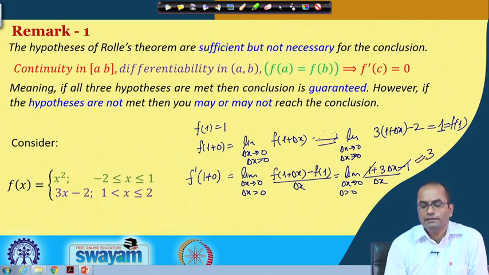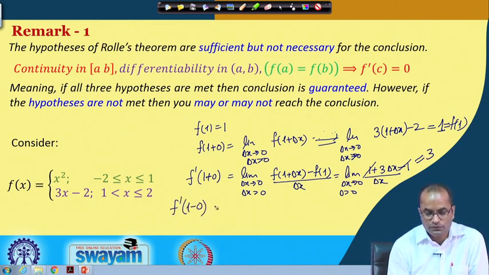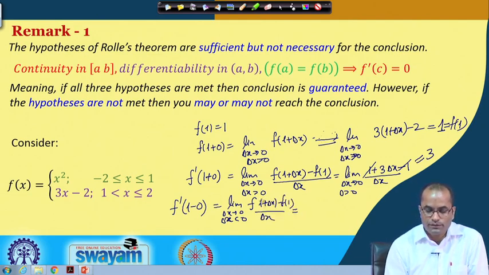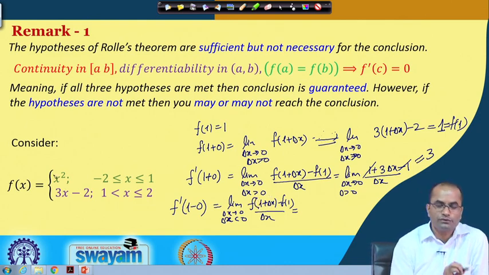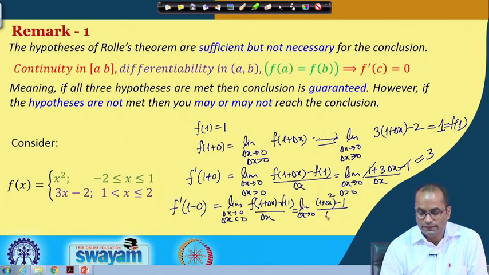So, the right side derivative of this function is 3, whereas the left hand derivative, f'(1-0), which is a notation, and here the limit, if you compute as delta x goes to 0 with delta x negative, what will happen to this one? So, here you have again f(1 plus delta x) minus f(1) by delta x, but now this f(1 plus delta x), since delta x is negative, will be computed from x square. So, meaning we have here as delta x goes to 0, (1 plus delta x) whole square minus 1, divided by delta x.